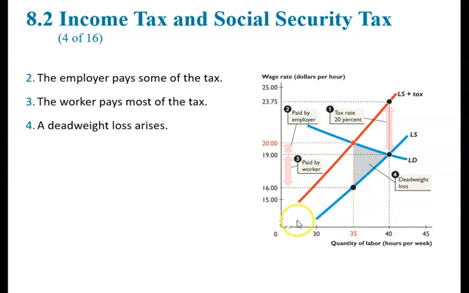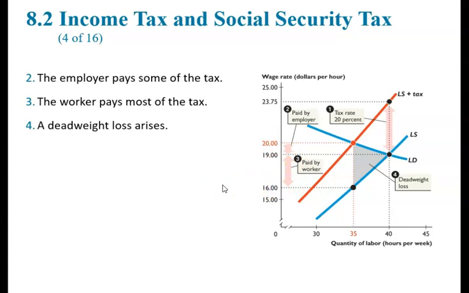So it's clearly shown by this example that the employer pays some part of the tax, meaning the 20 minus 19 in this case is paid by the employer, while the worker pays the major chunk of the tax. So 19 minus 16 in this case is the portion of the tax which is paid by the worker.